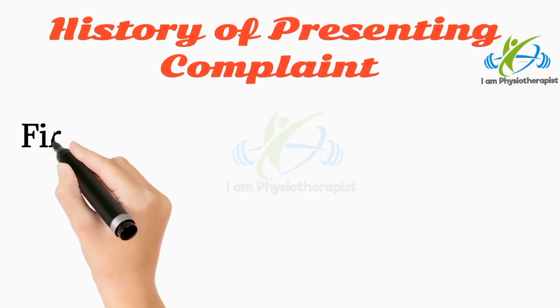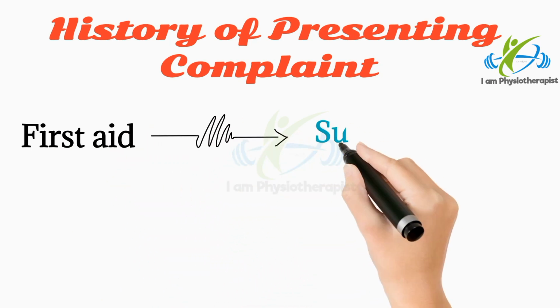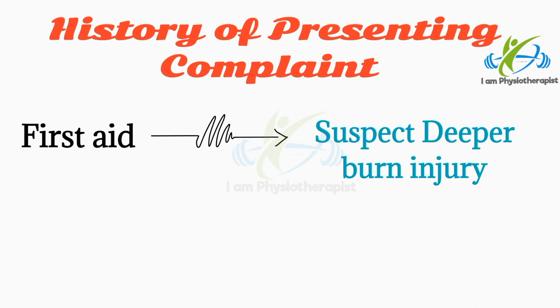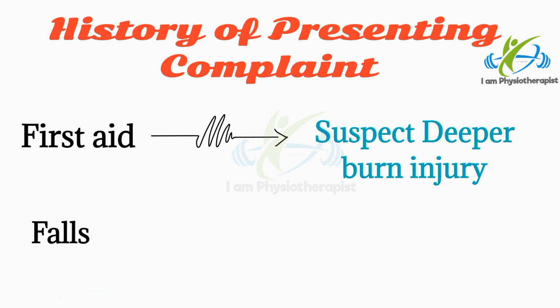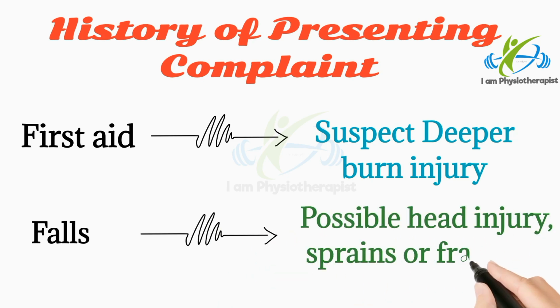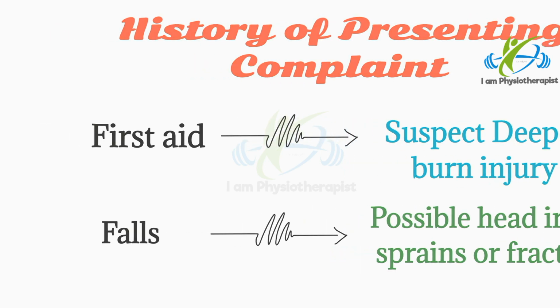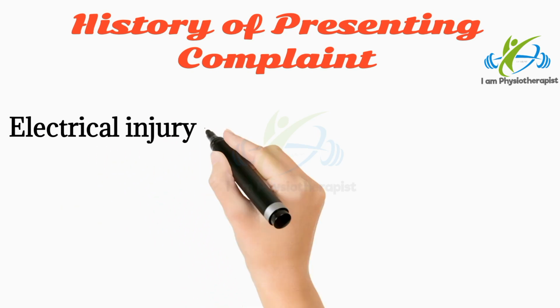History of presenting complaint. Check whether adequate first aid was given; if not, suspect deeper burn injury. Check whether there is any indication that the patient fell, as it will indicate possible head injury, sprains, or fractures. In electrical injury, how much voltage was involved?